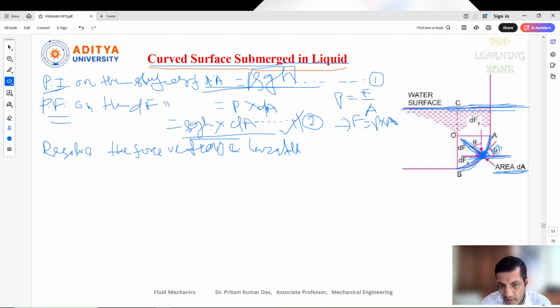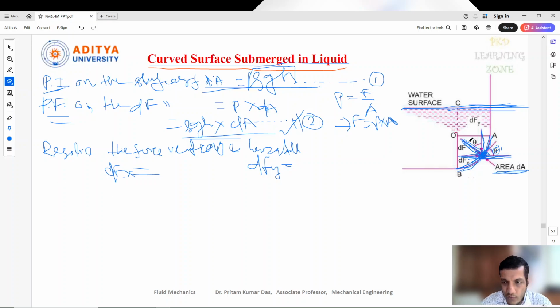That means the components we need to consider here: one component, dFx, acting on this point, and dFy, acting on this point. These are the two different components acting on the small object, horizontally and vertically.